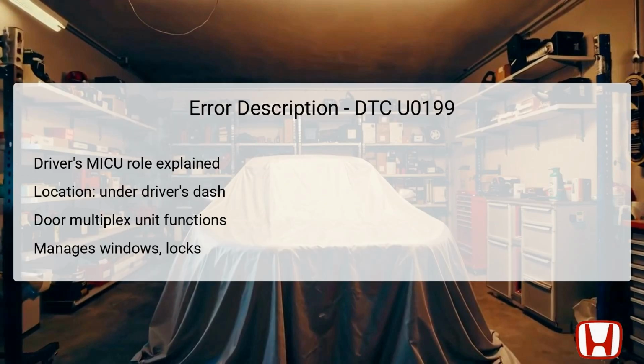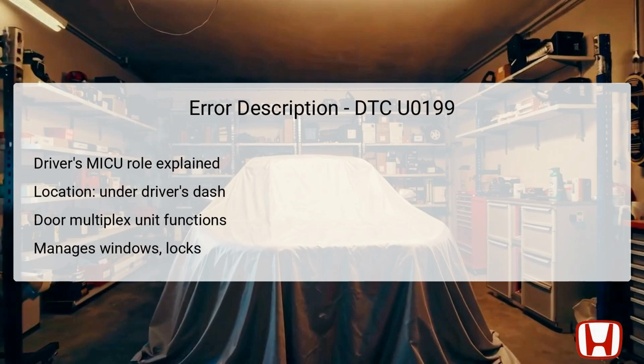The configuration of the driver's MICU is essential, as it serves as the communication hub for various electrical components. Located under the driver's dashboard, the MICU connects to the power window master switch, which is crucial for controlling the vehicle's windows.